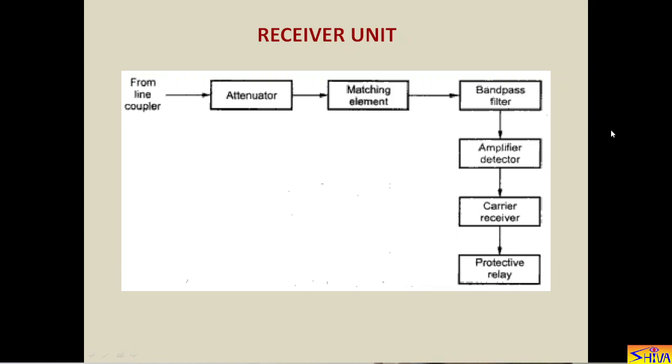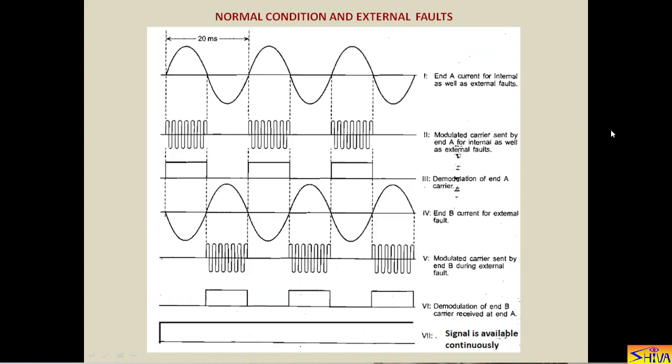Now let us see how this scheme works. First I will consider normal condition and external faults, because during normal condition and external fault, the direction of current through end B is away, that is going towards the other source, if you refer to my first diagram.